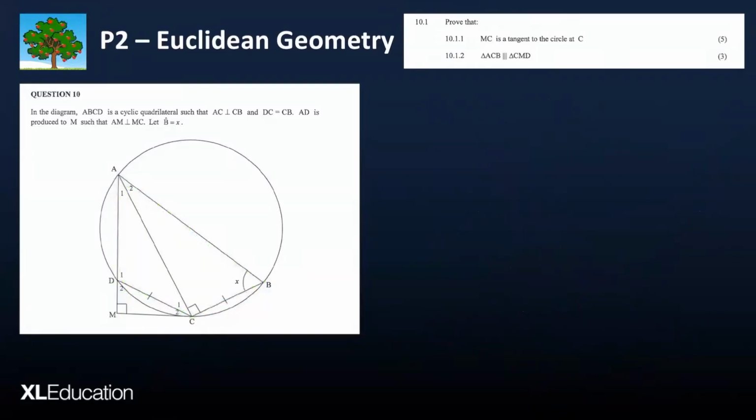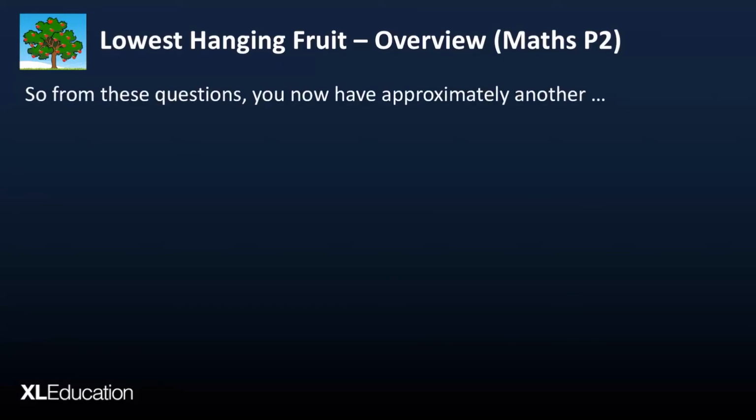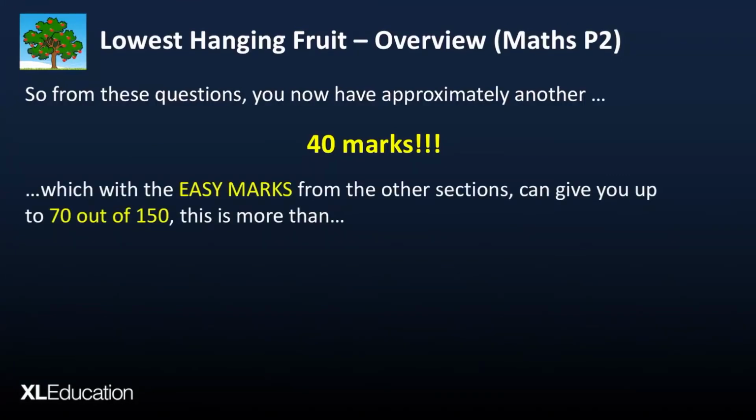Okay, so this takes us to the end of all those lowest hanging fruits in this paper 2. So from these questions, you now have approximately 40 marks that you have grabbed easily, which means that easy marks from the other sections can give up to about 70 out of 150 marks.